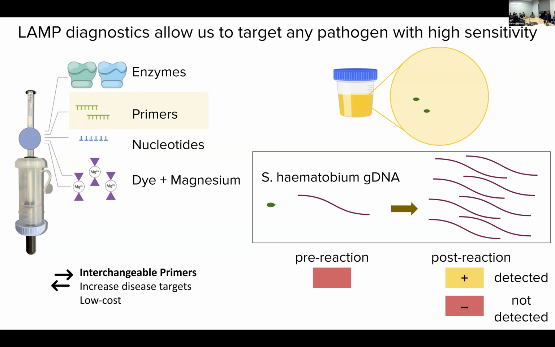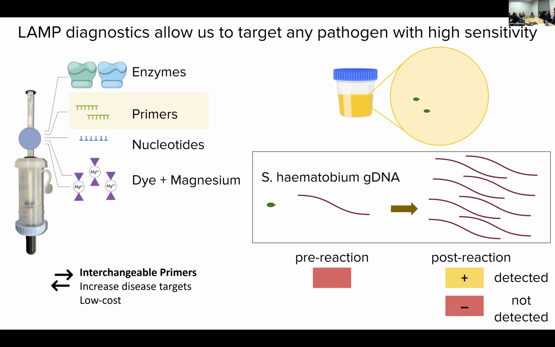And how do you know it's the schistosomiasis that's doing replication? How do you know it's not just any random DNA? Great question. There are things called primers, which are short oligonucleotide sequences that specifically bind your target DNA.